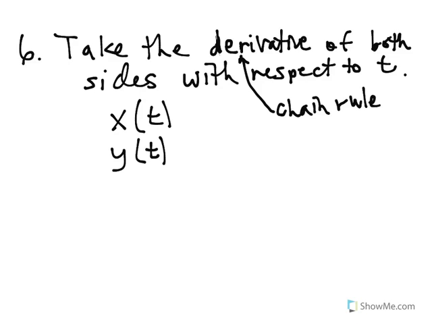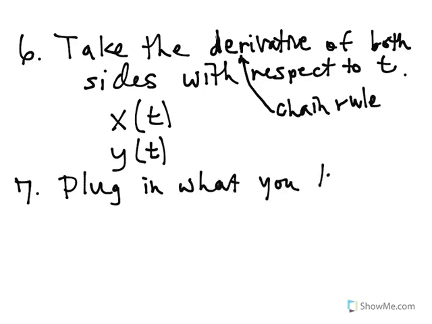The derivative of x is going to be dx/dt, because we're taking the derivative with respect to t. Okay, once you take the derivative of both sides, then you can plug in what you know and solve for what you want.